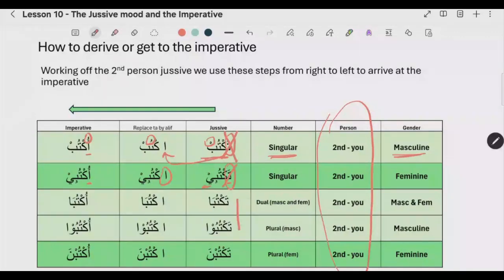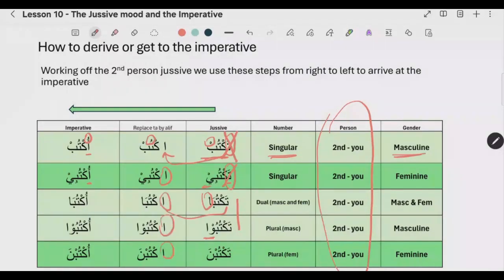And the dual is quite easy. Taktuba, taktubu, when you want to make it dual and plural. This is the dual, and this is the plural form in the masculine. Then you're replacing the ta by an alif again.